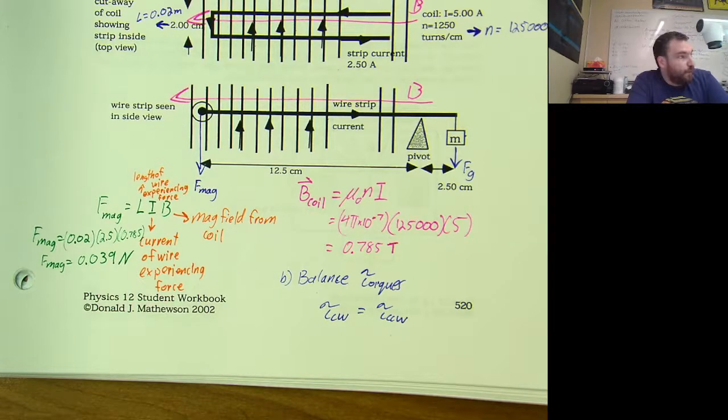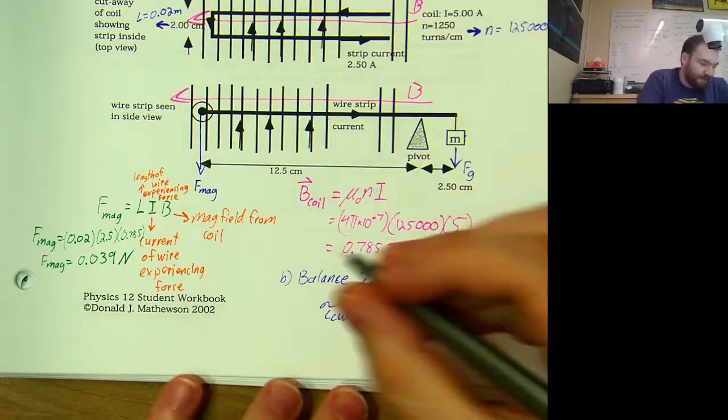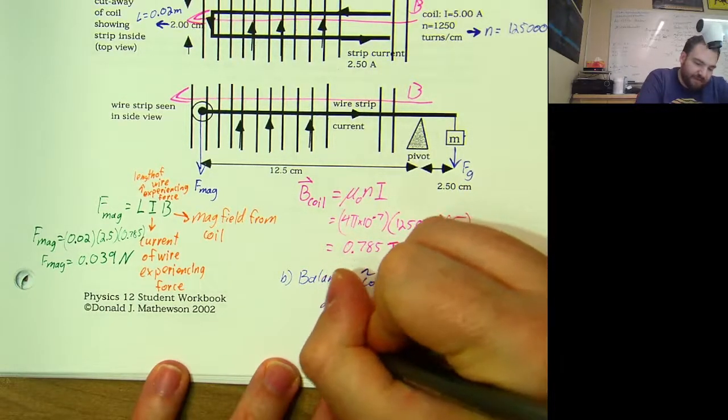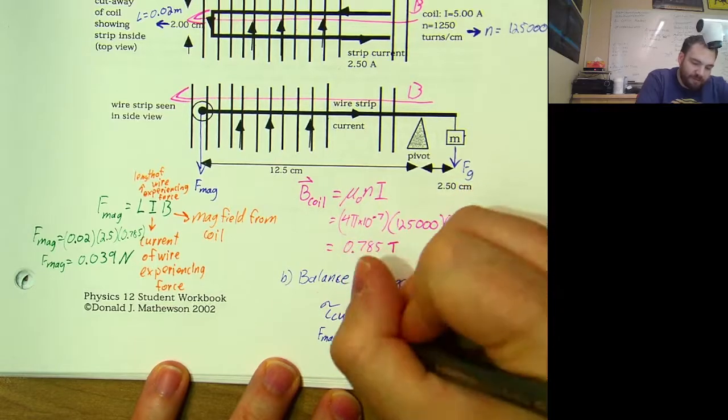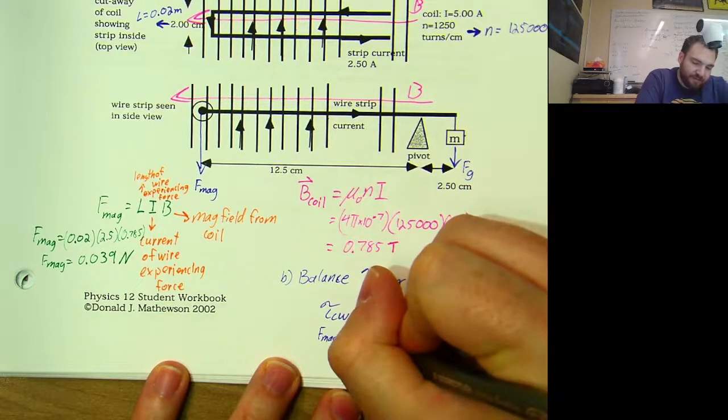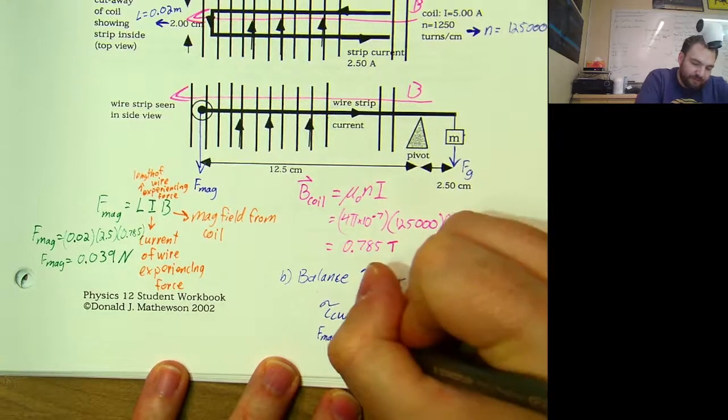How do we calculate a torque? A perpendicular force acting on an object some distance from the pivot. Multiply that perpendicular force with that distance to the pivot. That gives you the torque. So we're going to have F mag perp times R. I'll call it R mag.